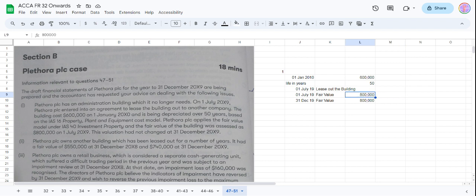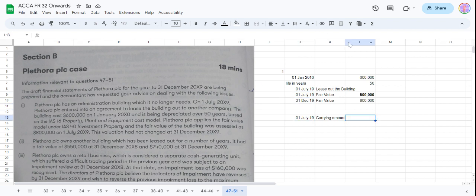So one number we already have. Now we need to see what was the carrying amount of the building on this date, and then we will compare this carrying amount with the fair value on this date.